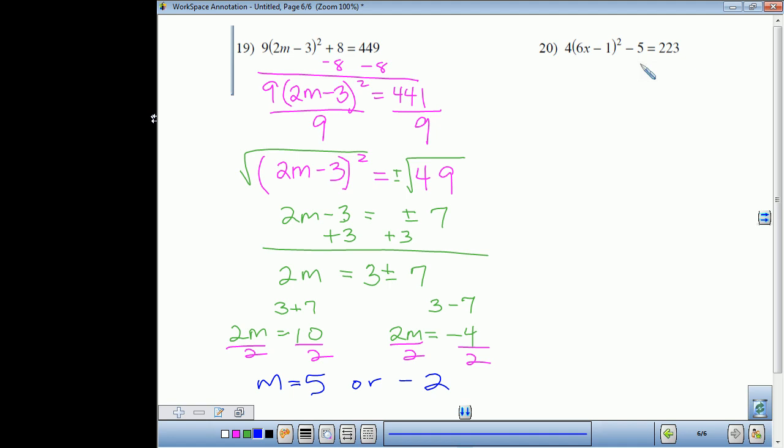X equals plus or minus. It's all really simple.